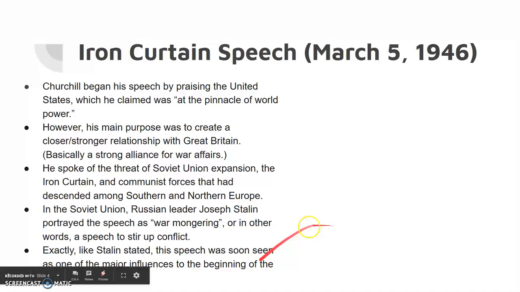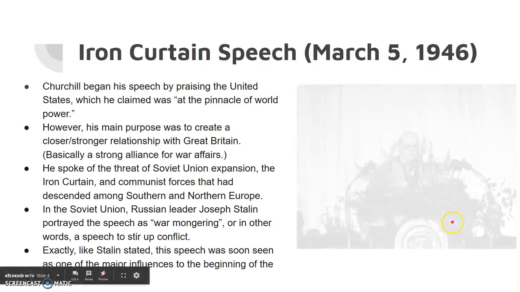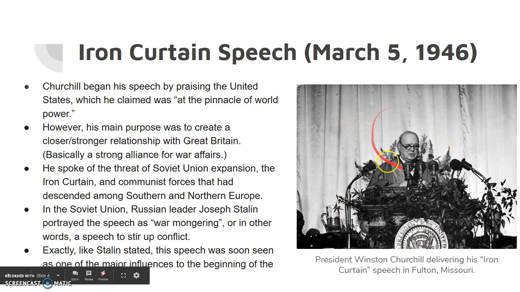And then, as Stalin stated, the speech was soon seen as a major influence on the beginning of the Cold War. And here we have Churchill speaking in Fulton, Missouri. So he was flown out to the USA, in which he was invited to speak.